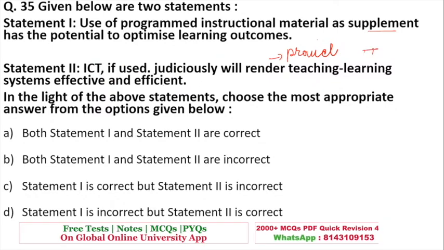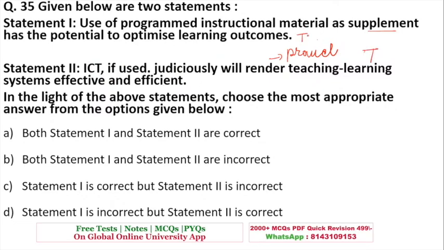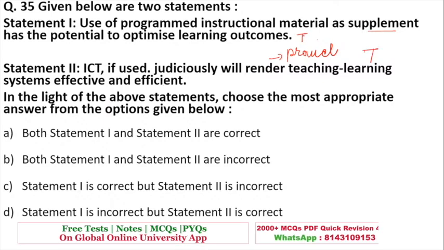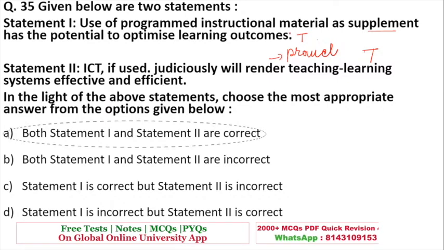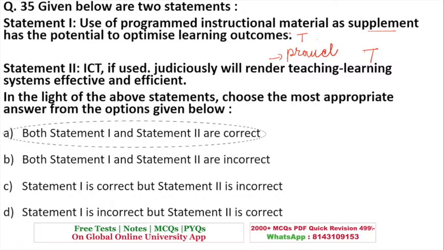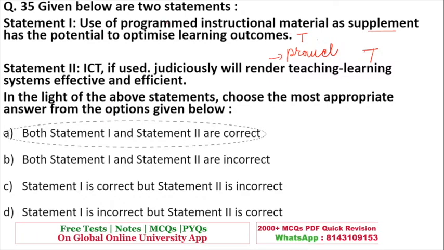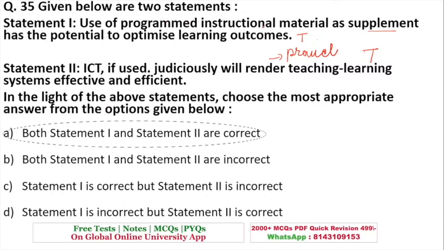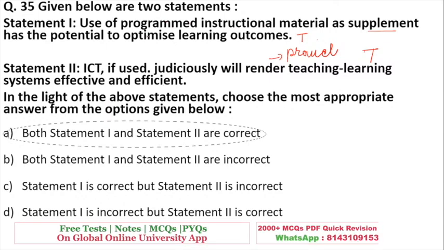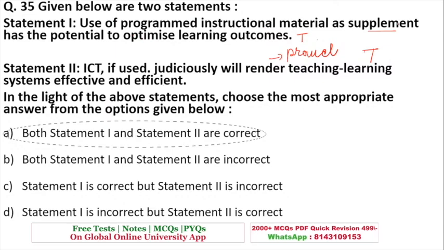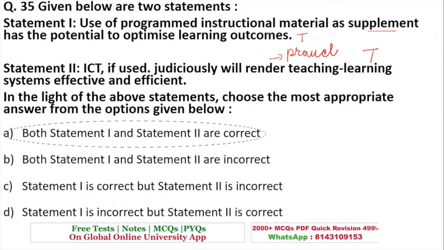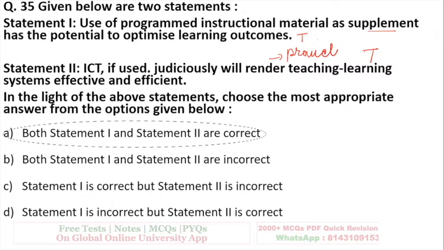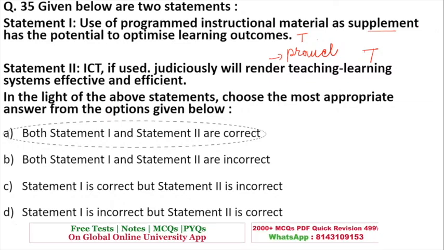Yes, definitely true. So both these statements are true, is your right answer. Okay. Use of programmed instructional material, if it is used with your teaching as a supplement, it will optimize learning. So statement 1 is correct and statement 2 is also correct.